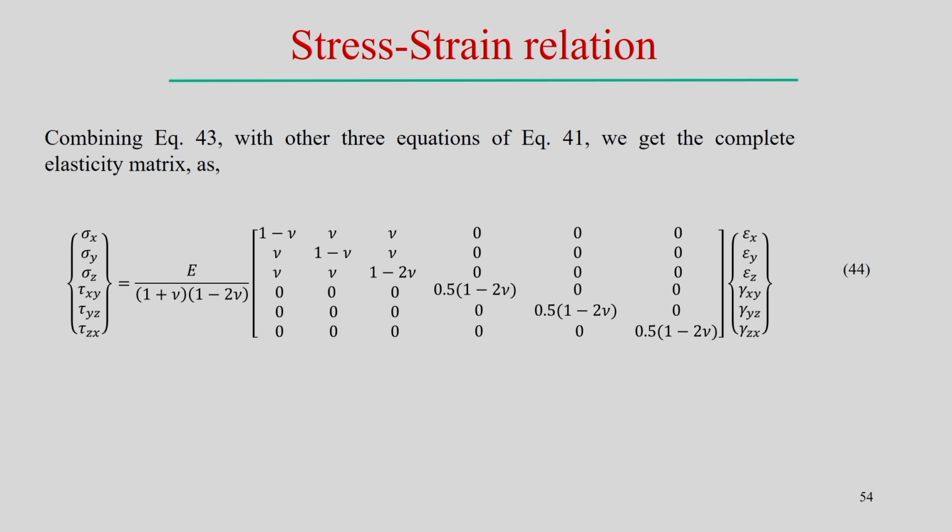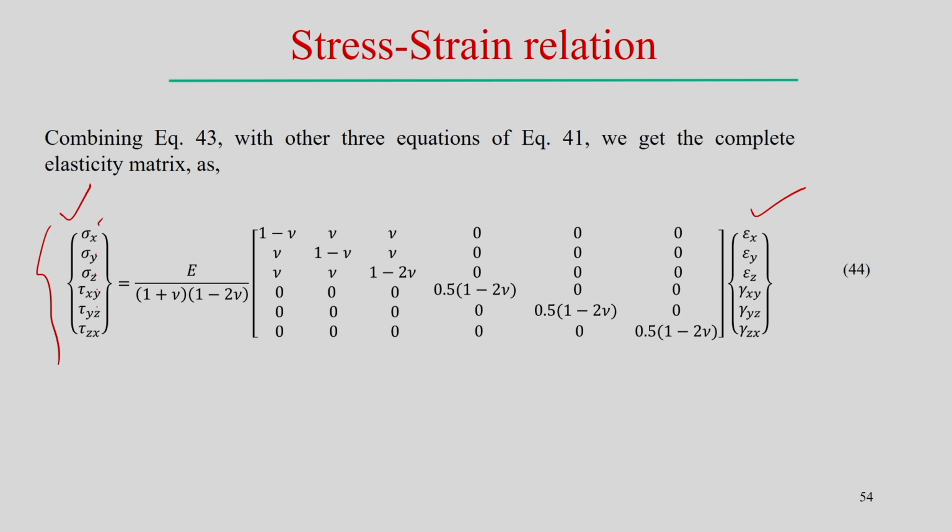Now, combining this expression in terms of the shear stress and all the stress components, sigma x, sigma y, sigma z, tau xy, yz and zx, are all there, and in this case we write it in matrix form, and all the strain components are there. If we consider the 6 equations, stress is on the left hand side and the right hand side has the strain components in terms of constant terms, basically material properties.